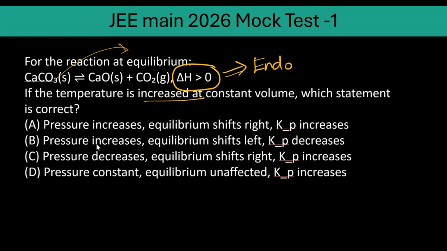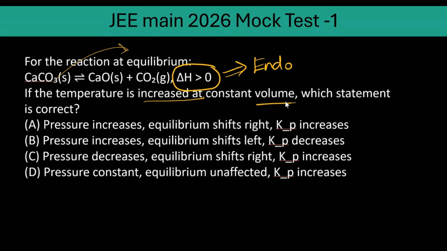Simple. So if the temperature increases, what will happen? The Kp value will increase with temperature. Correct? So what about the pressure? So the pressure increases or decreases? They mentioned that it is maintaining a constant volume.